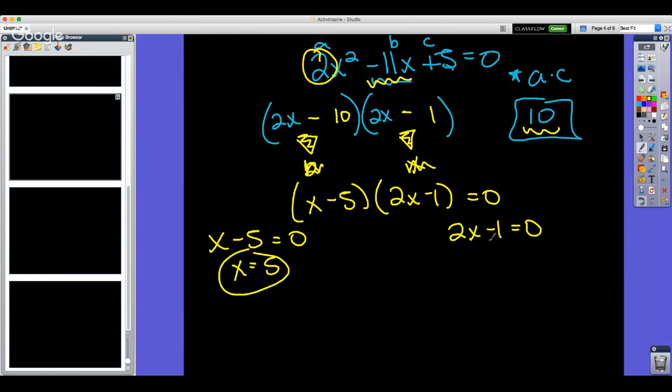How do I solve for x on this? Add 1. Good. And I heard, was that you, Nicole, over there? Nicely done. Thank you. And divide by 2. And so x is equal to 1/2 and 5. Okay? All right. Again, if you use quadratic, you'll get the same thing. Quadratic would be for 18.